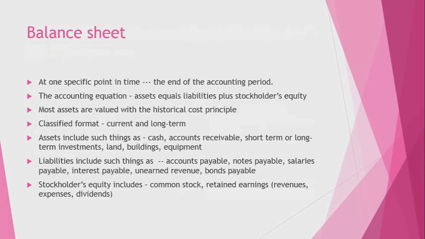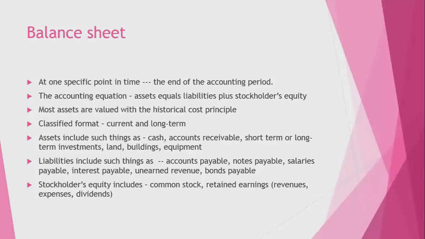The balance sheet is unique from the 2 other statements in that it's at one specific point in time. So December 31st, 5 o'clock, if you're on a calendar year basis, here are the assets that I own, here are the liabilities that I owe, and then the claims of the owners. We use the historical cost principle to value most assets, which just basically is whatever you paid for it stays on the books at that amount.